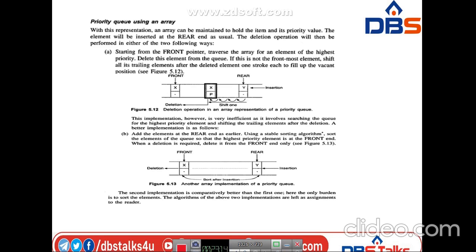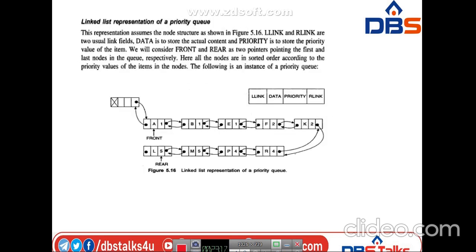Next one is the linked list representation of priority queue. Then we are going to represent the priority queue in linked list manner. In a linked list, generally we have three fields, that is left link, right link and data. If we represent the priority queue in linked list manner, then we are going to take one more field as priority.